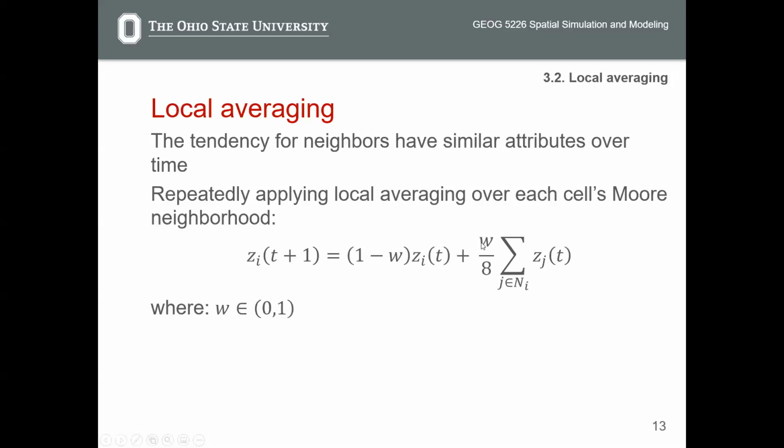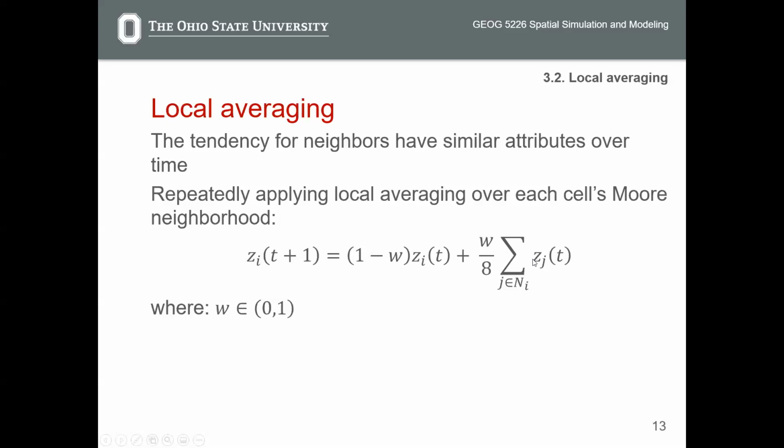For example, let's just say W equals 0.5. What does it mean? It means that after the next tick, the value of central pixel i is decided by two things. One is its current value. Another one is the average value of its neighborhood.